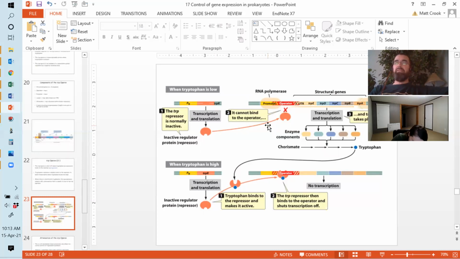Now, in the absence of tryptophan, you want trp operon expression, right? Because you want tryptophan to be made. So in the absence of tryptophan, you don't want the TrpR repressor binding to the operator. So the TrpR repressor is an aporepressor.